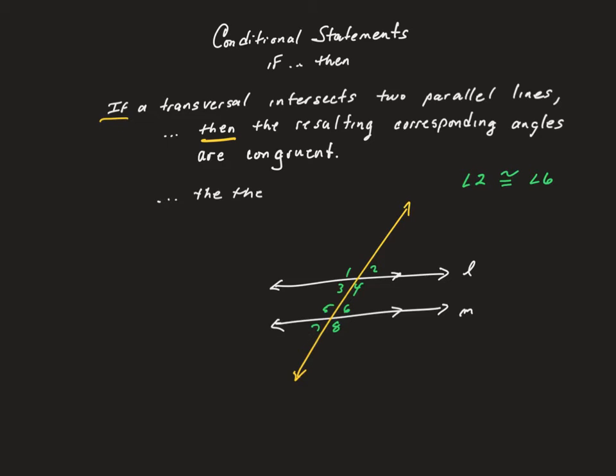So we know that 3 and 5 added together, same side interior angles, are going to be 180 degrees. We know that if this transversal intersects two parallel lines, then my alternate exterior angles are going to be congruent. We know then that my alternate interior angles are congruent. So these are conditional statements. If this happens, then we know this.